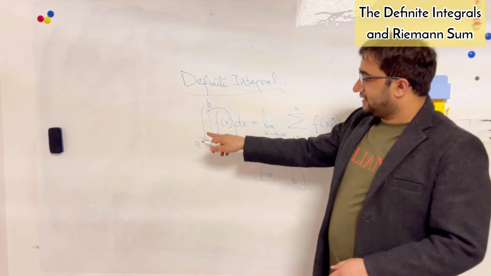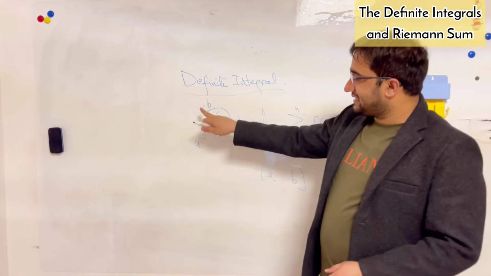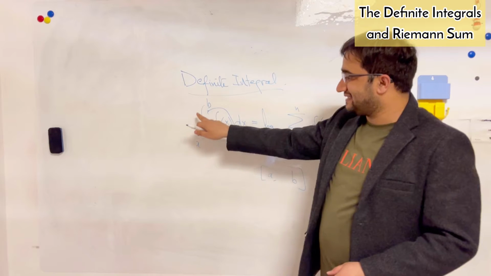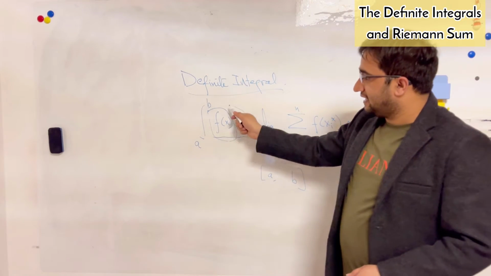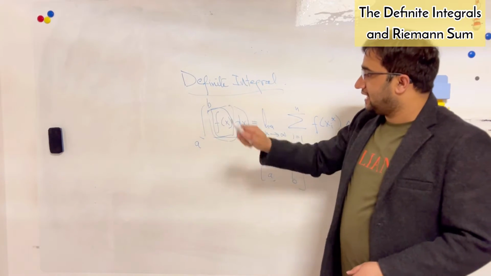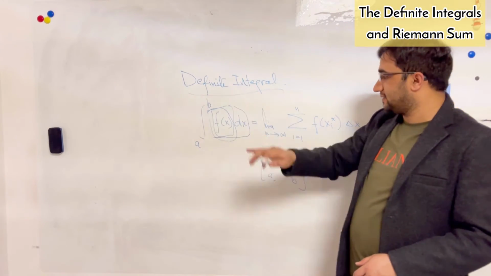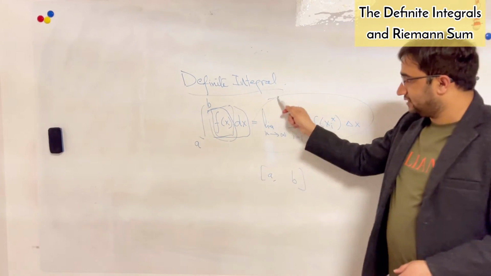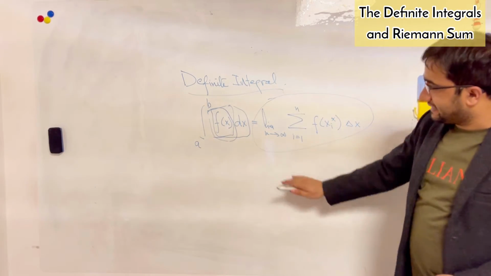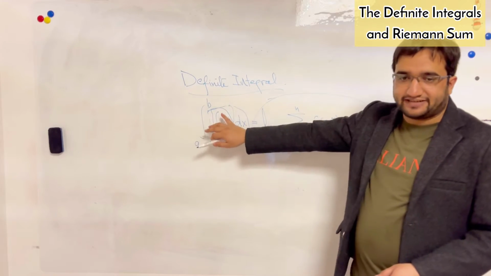Anyways, this is called the lower limit, this is the upper limit, this sign is called the integral, and this is the integrand on which you apply this operator. On the right side you know this thing. This is the definite integral.